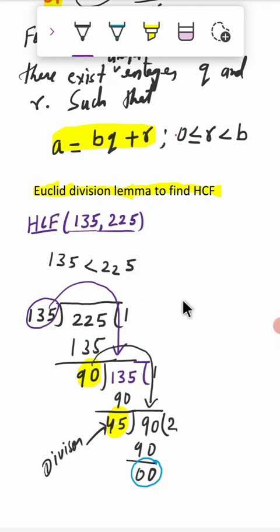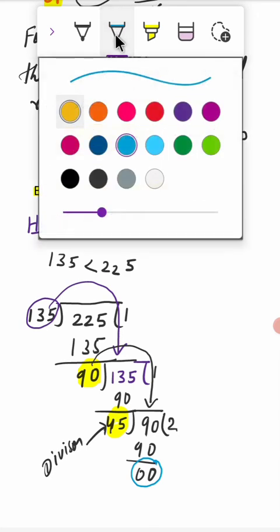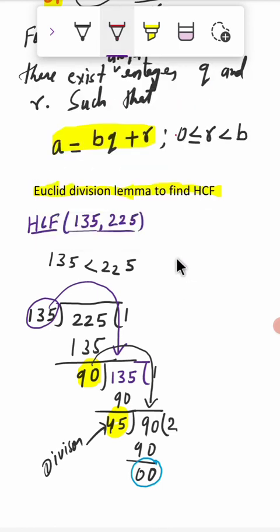So we will write here a, meaning we are having the number 225, and we have taken the 135 1 plus our remainder is 90.